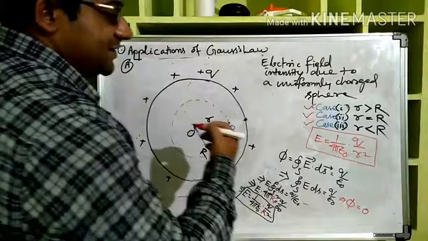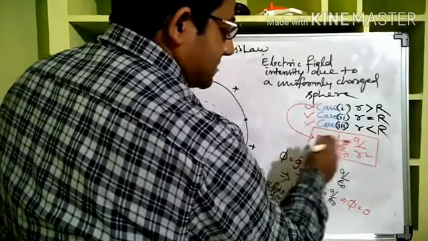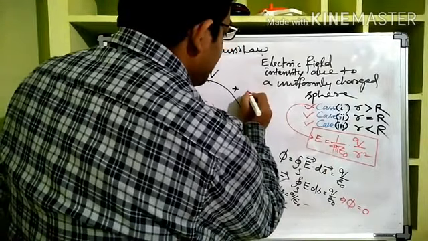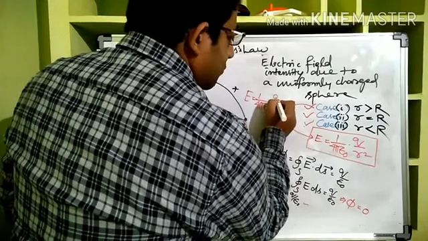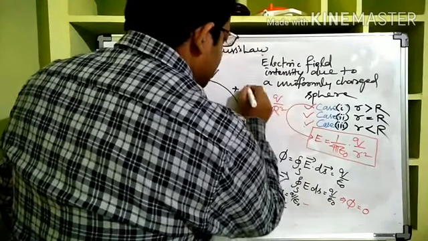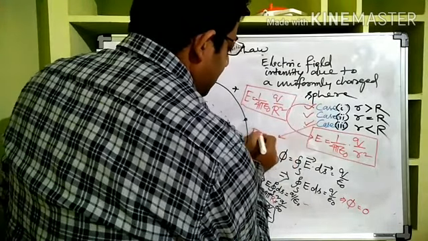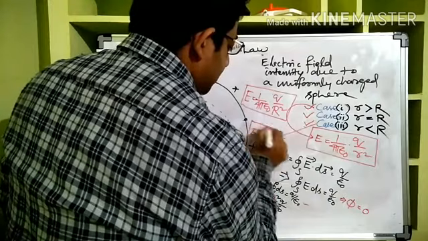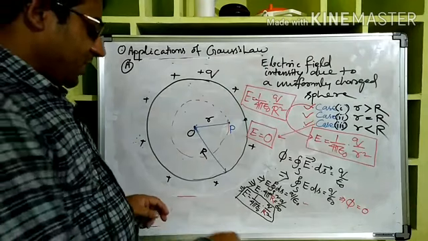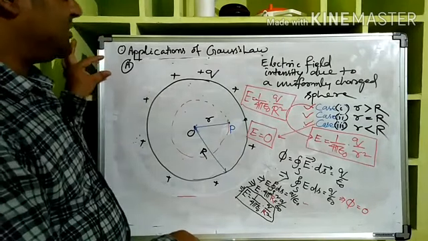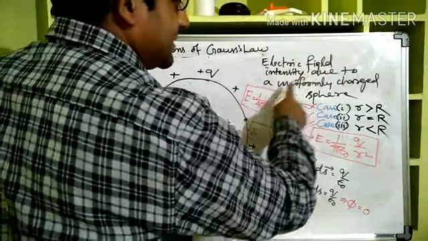Now if we write, in case 1, E is equal to 1 by 4 pi epsilon naught q by r square. In case 2, E is equal to 1 by 4 pi epsilon naught q by capital R square, right? And in case 3, E is simply equal to 0, right? Very clear?